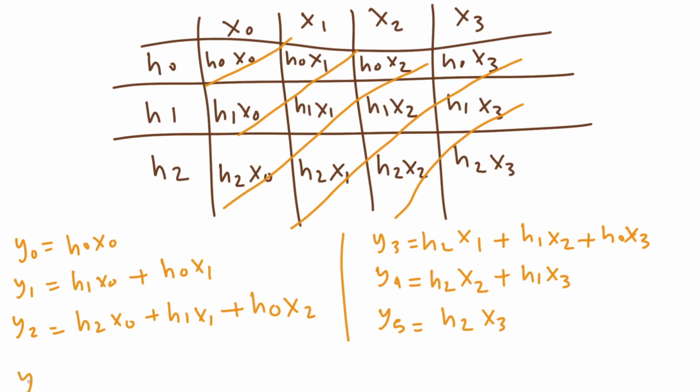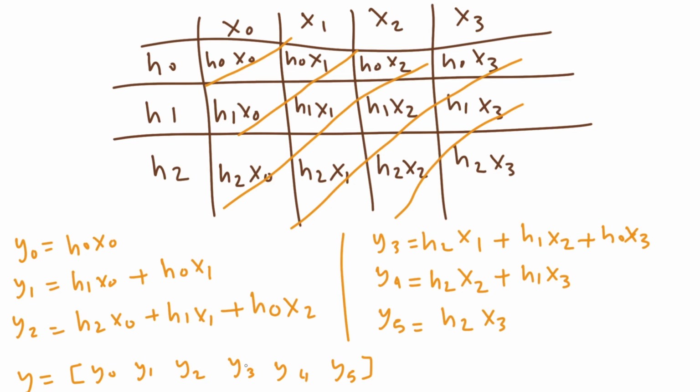Now the y vector will be y0, y1, y2, y3, y4, and y5. As expected, it has 6 elements.